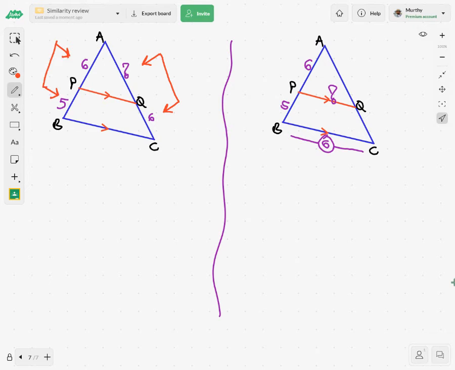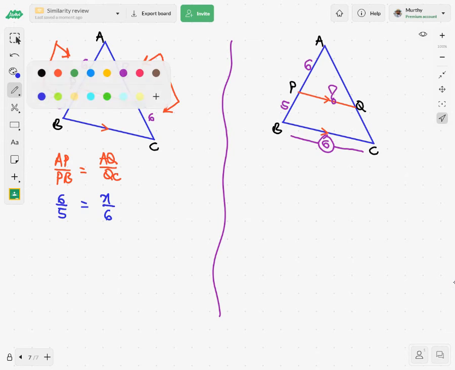So straight away establish AP, the upper segment, over PB, the lower segment, equals the other side, AQ, the upper segment, over the lower segment, QC. Now just plug in the values. This is one of the easiest models. 6 over 5 equals AQ, which is not known, over QC, that is 6 units. You know what to do next.